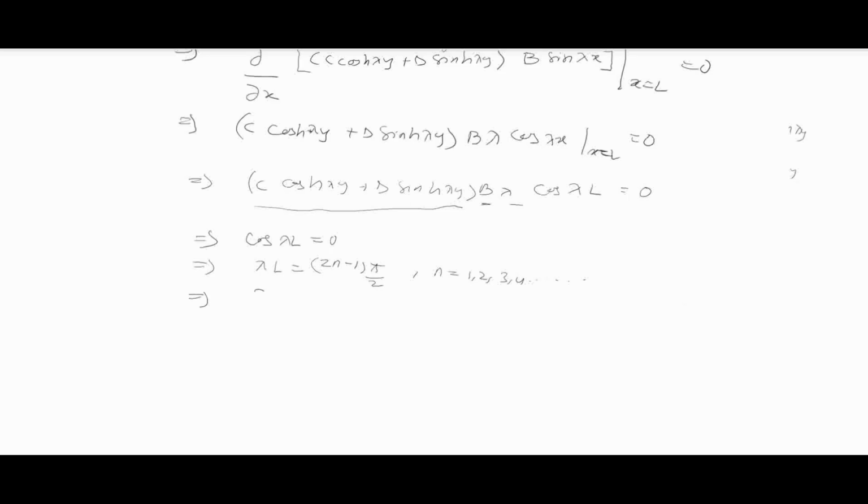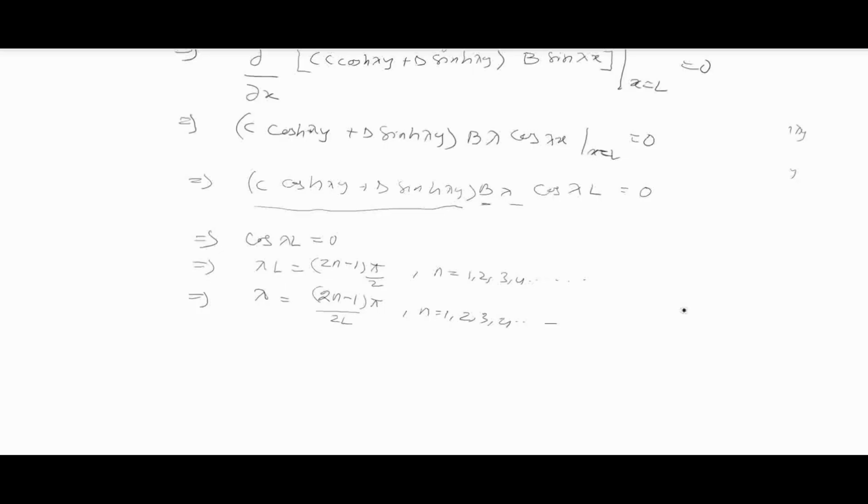That implies lambda is equal to 2n minus 1, then this L will be brought to the right hand side. We will get pi by 2L for n is equal to 1, 2, 3, 4. Now look at the right hand side. We are not getting one lambda.